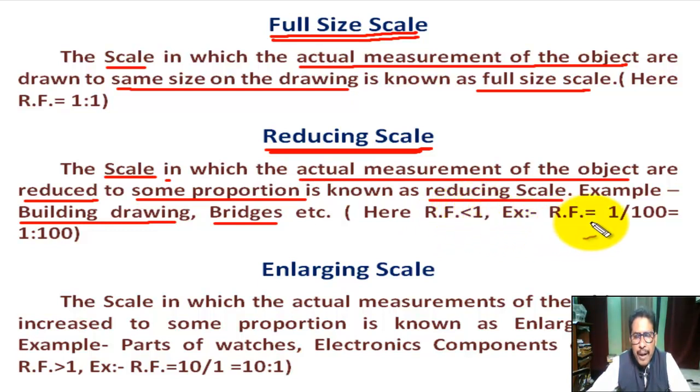Example: RF equal to 1/100. Length of the drawing 1, actual length of the object 100. So RF equal to 1:100 or 1/100.